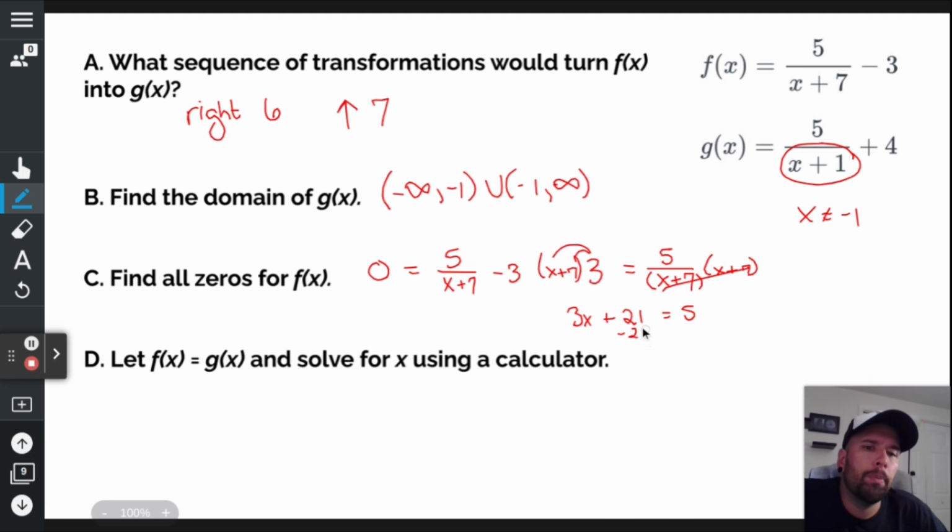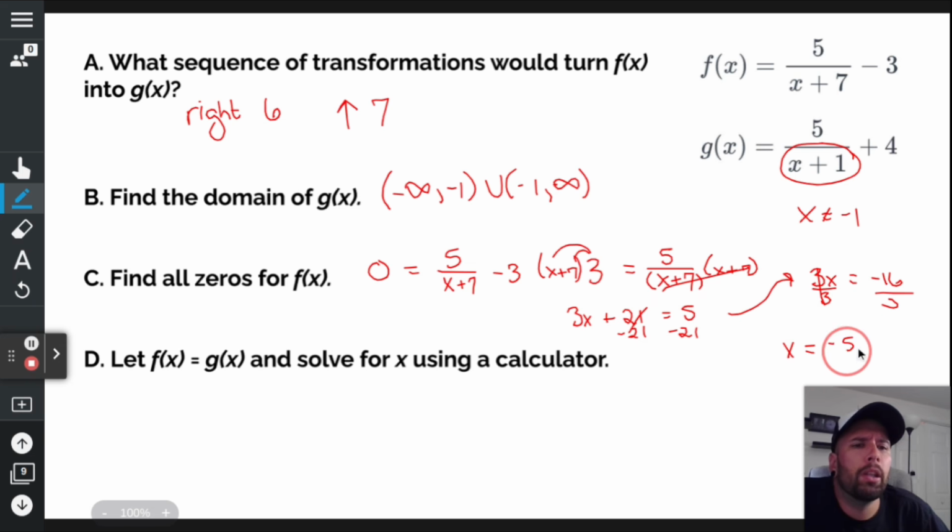Subtract 21, subtract 21. 3x is going to equal negative 16. Divide by 3, divide by 3. Negative 5.3 repeating, or something like that.